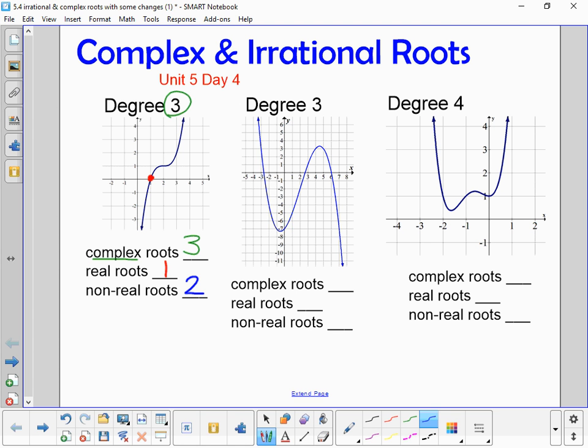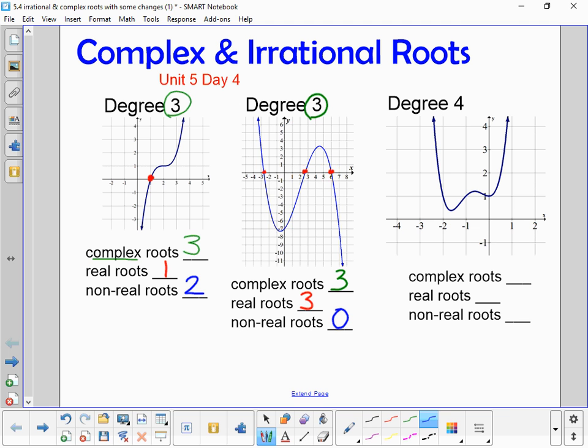So this second polynomial, you can see that it's given to us as a degree 3 polynomial. And so that tells us, because of the fundamental theorem of algebra, that it has 3 complex roots. If we look at the graph of this, we can see 1, 2, 3 real roots. And that means that this function does not have any non-real roots.